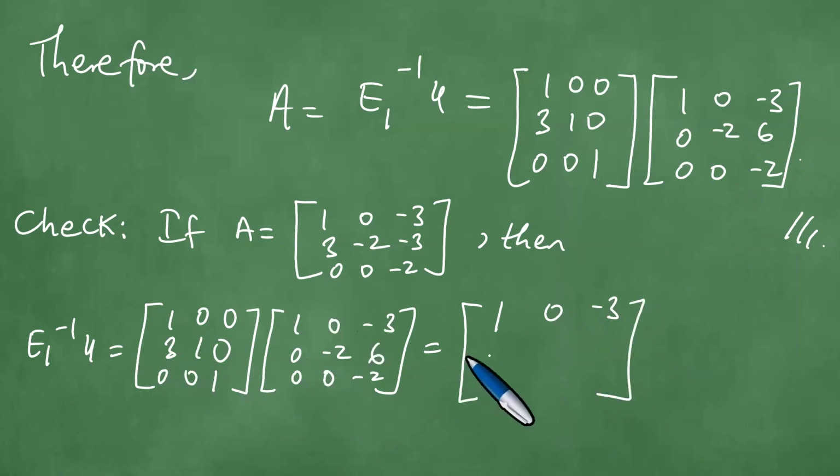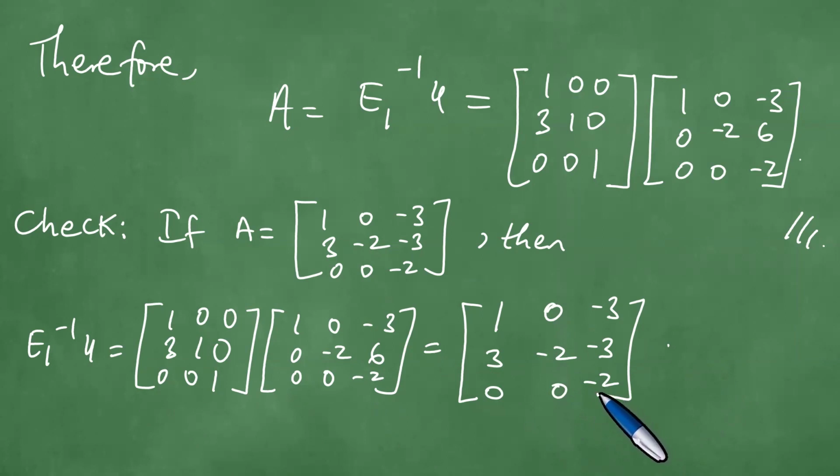This by that getting a 3, this by that getting minus 2, and this by that getting exactly minus 9 plus 6, minus 3. This by that getting a 0, this by that getting a 0, this by that getting negative 2. Okay, we have exactly that.